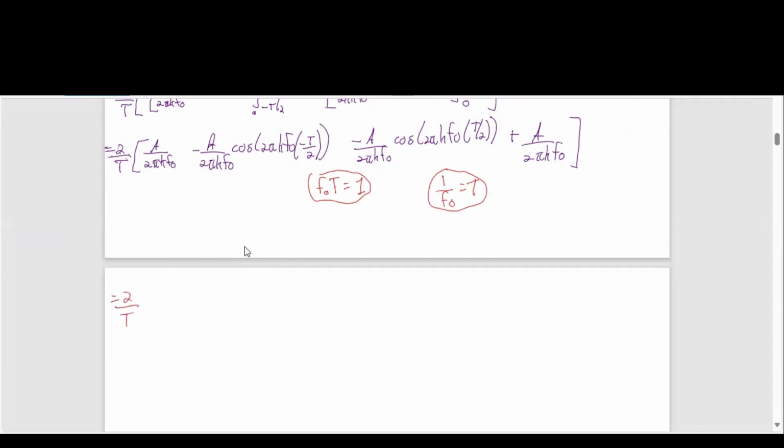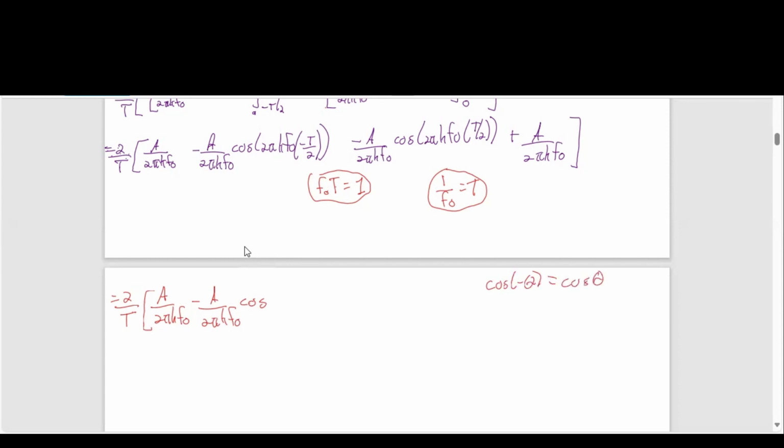So you have 2 on t, right? You have A on 2 pi k f naught. You have minus A on 2 pi k f naught cos, and you have this minus here. We have to get rid of this minus. But the thing about it is that cos of minus theta is just cos of theta.